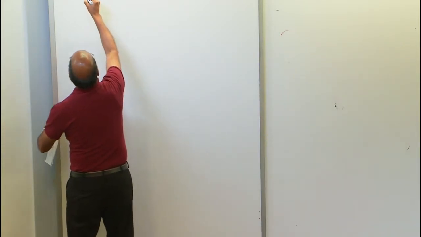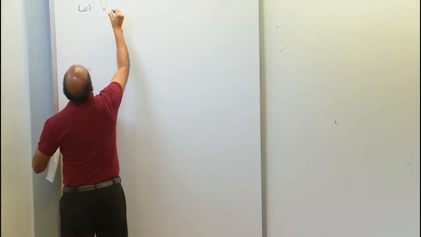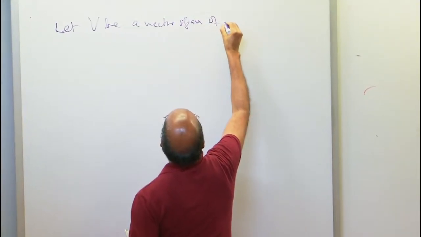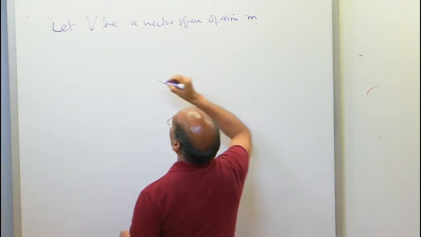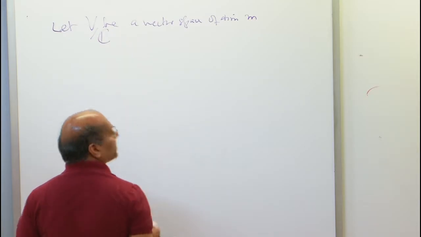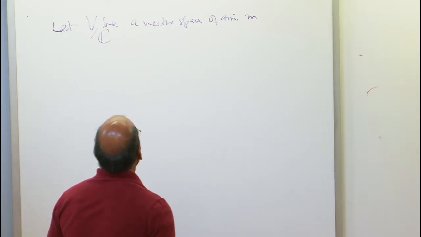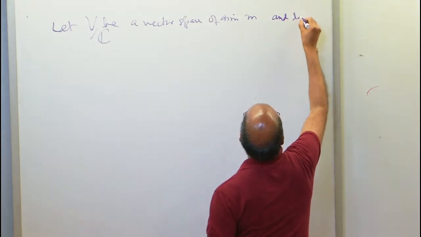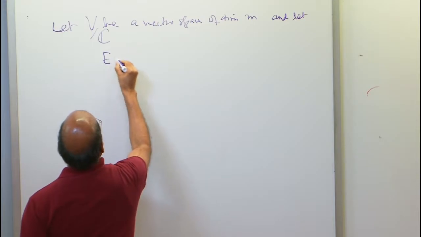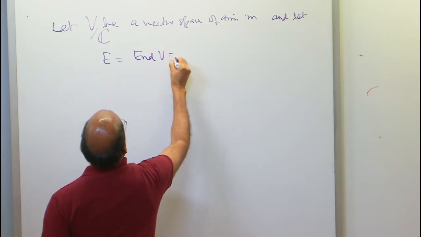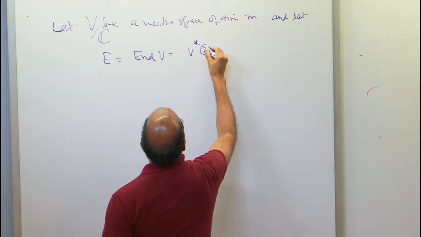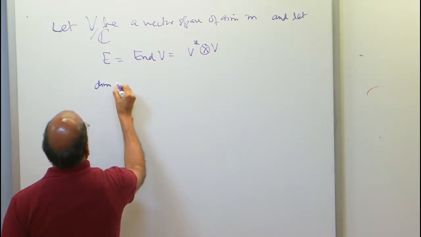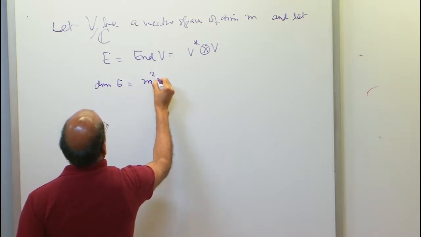So let V be a vector space of dimension m. Everything is going to be over complex numbers. Let E be the endomorphisms of V, which is also the same as V star, so the dimension of E is m squared.